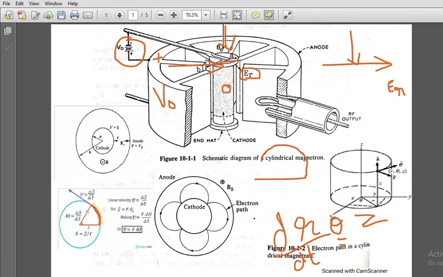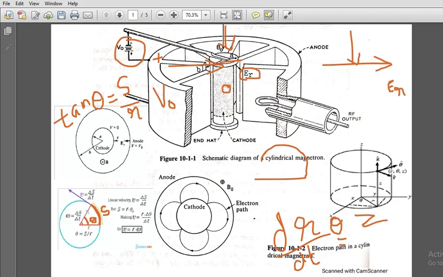Let this value be S, and let the angle be theta. From the diagram, tan theta is equal to S divided by R, where R is the radius.